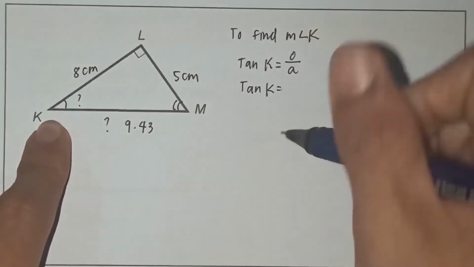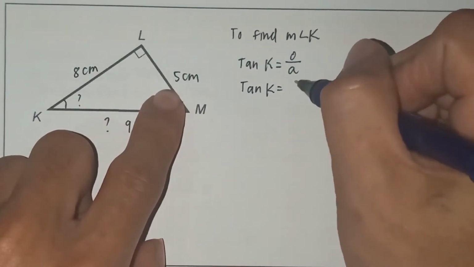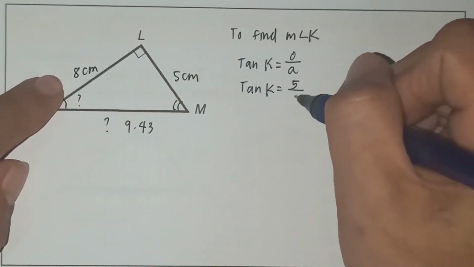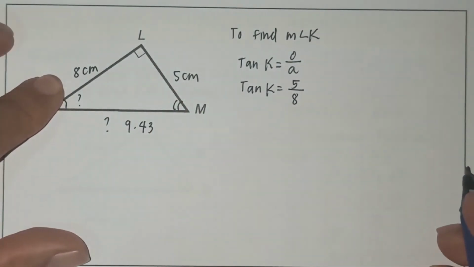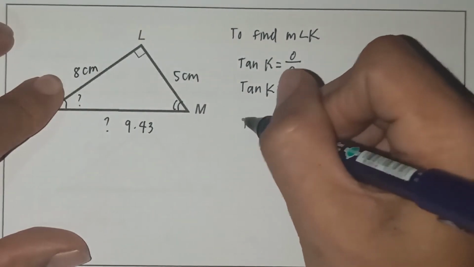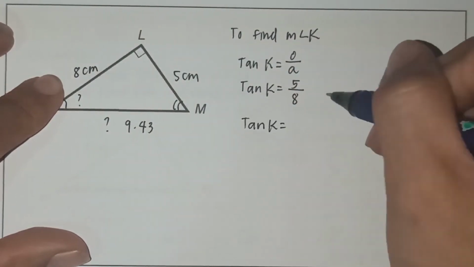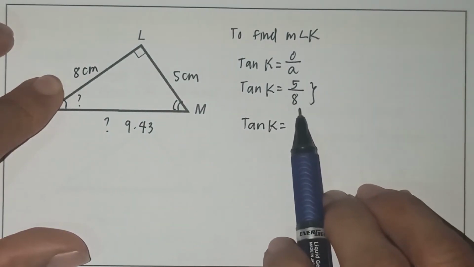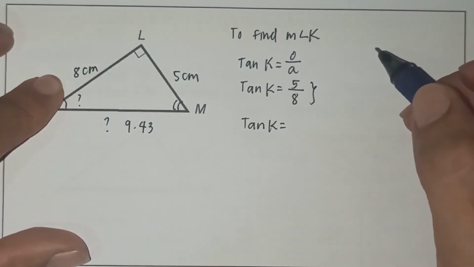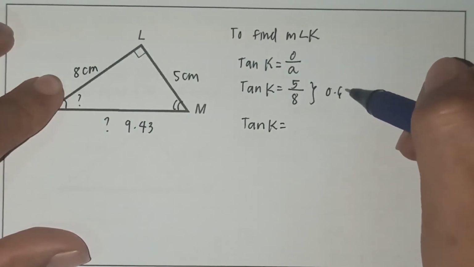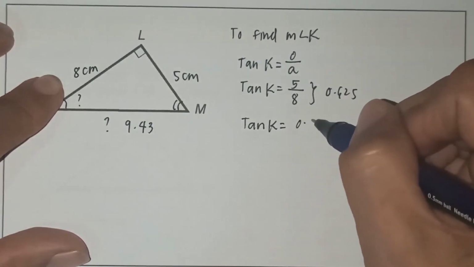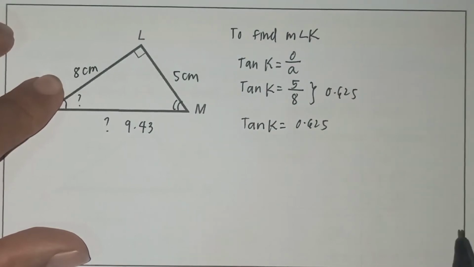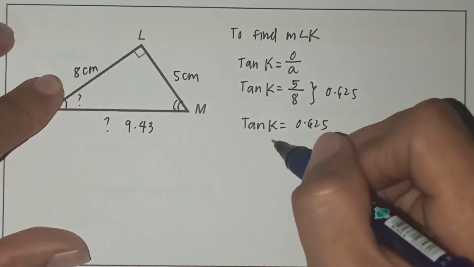Tan K now is equal to, the opposite is 5, and the adjacent is 8. Tan K is equal to, as we divide 5 and 8, the result is 0.625. And the next will be, we're looking for K.